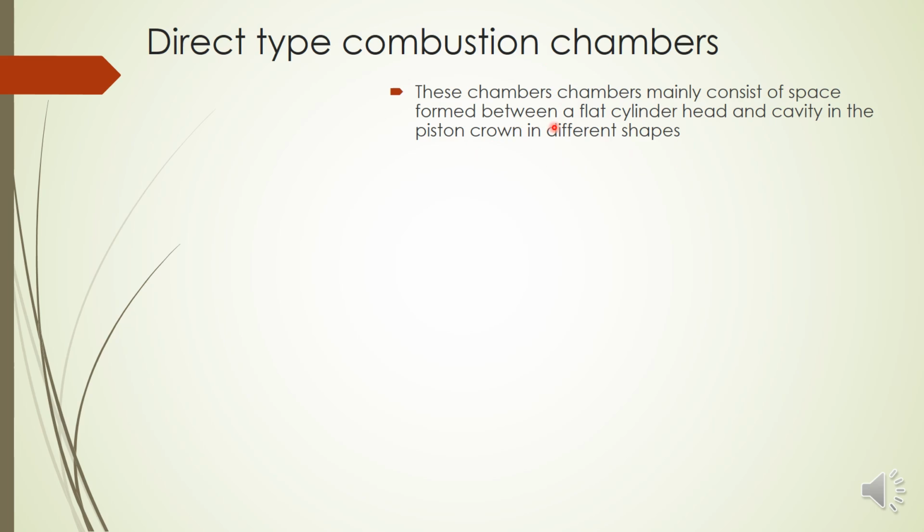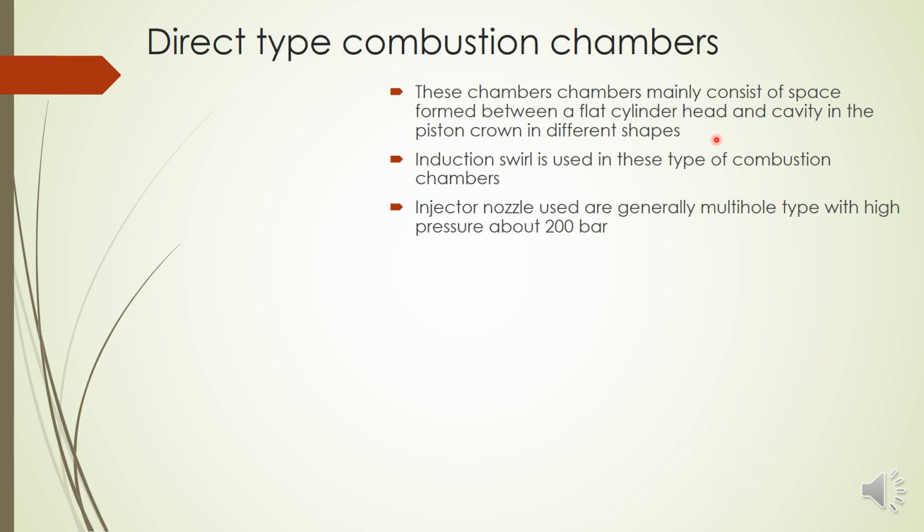In this type of combustion chamber, we have only one volume, and that too made between the cylinder end and piston crown. So we are not using a flat piston in this case. The piston has a cavity of different shapes, and we are using induction swirl in this type of combustion chamber.